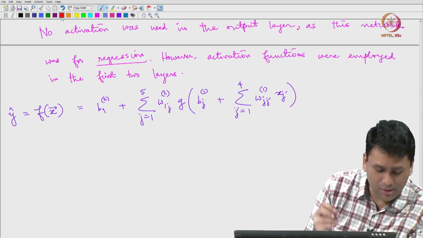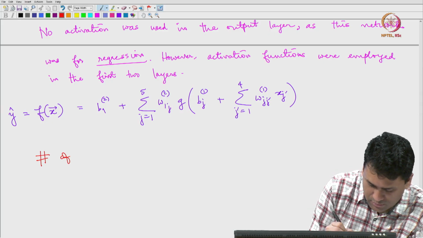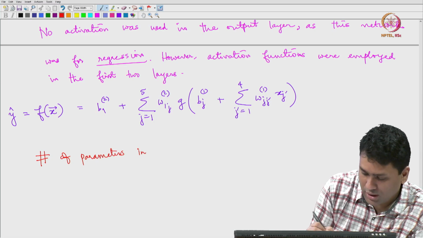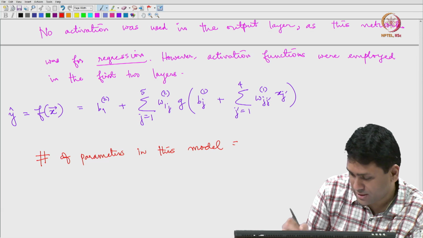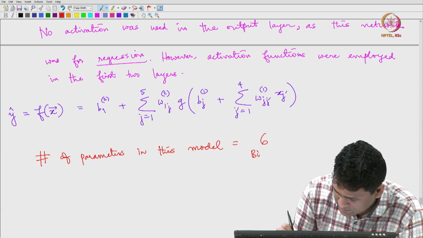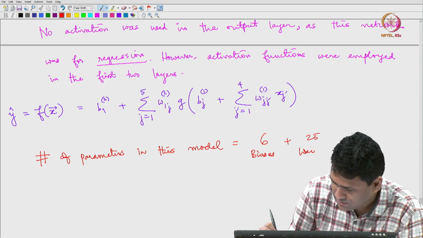The other thing you will already recall is the number of parameters in the model. We had calculated this last time. So, there were 6 biases and 25 weights.